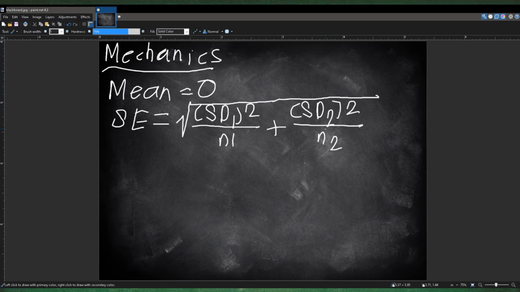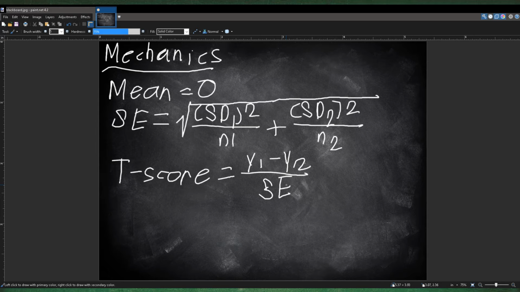So that's your new standard error. There are just a lot of formulas to memorize for tests. And then you have your t-score, which is equal to your mean of sample 1 minus your mean of sample 2, divided by your standard error.